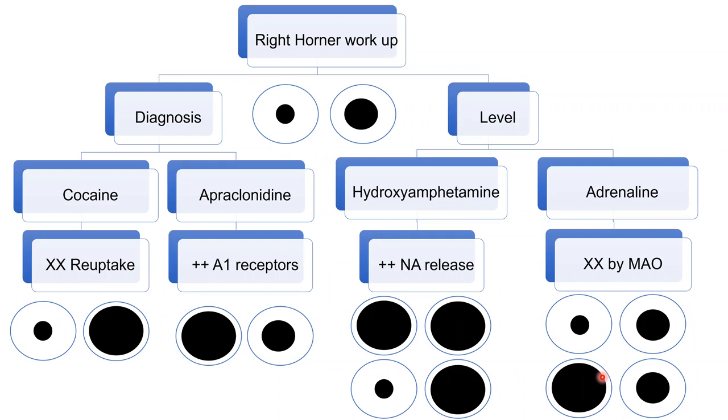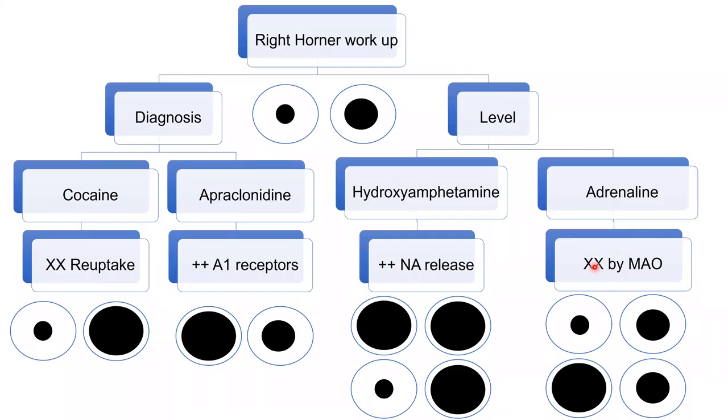So even with a minimal dose of adrenaline or diluted adrenaline, the postganglionic will dilate because of the denervation hypersensitivity. Because actually the postganglionic will not have monoamine oxidase, and this monoamine oxidase enzyme is the one which is responsible for destruction of the adrenaline.